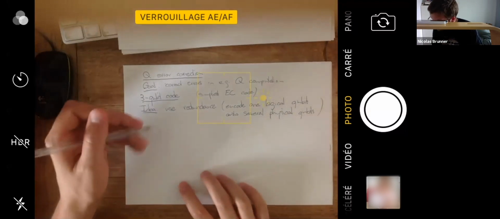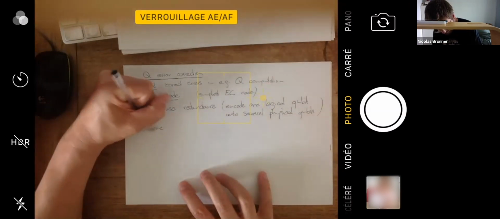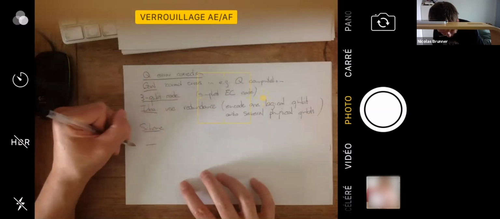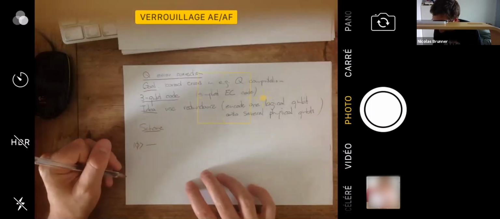So let's look at the scheme. I have here some initial state that I call phi. This is the state of a qubit.